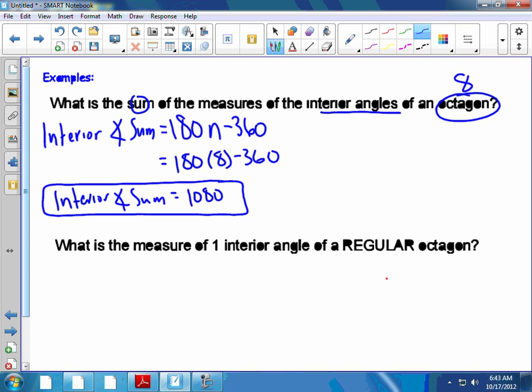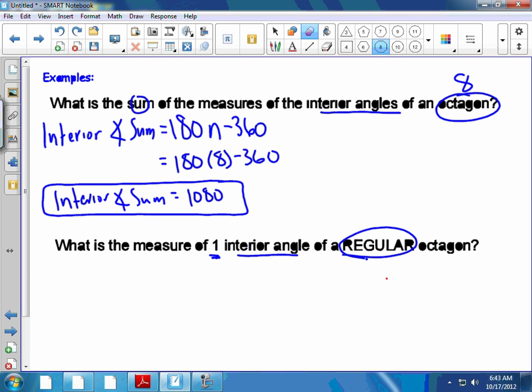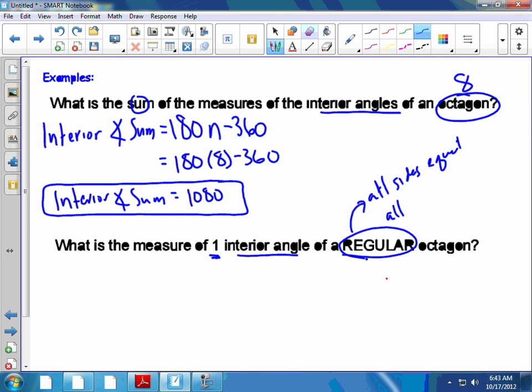Now the next question asks, what's the measure of one interior angle of a regular octagon? Remember that regular means all sides equal and all angles equal. An octagon means that there's going to be 8 sides here.